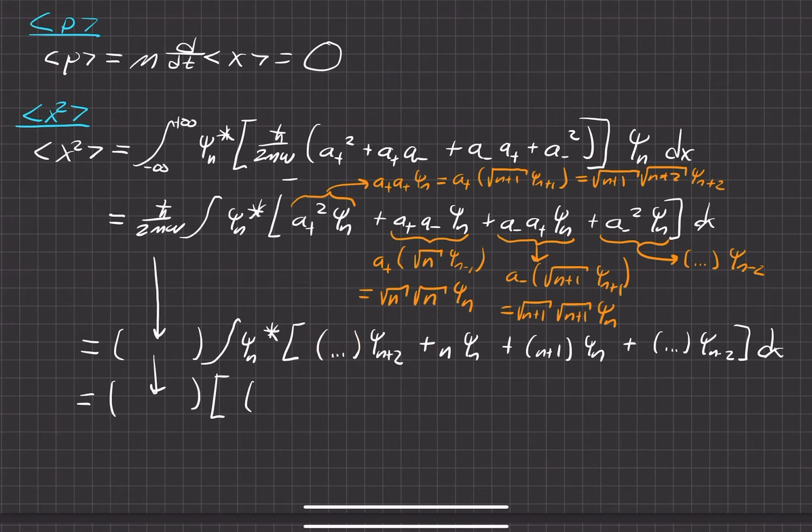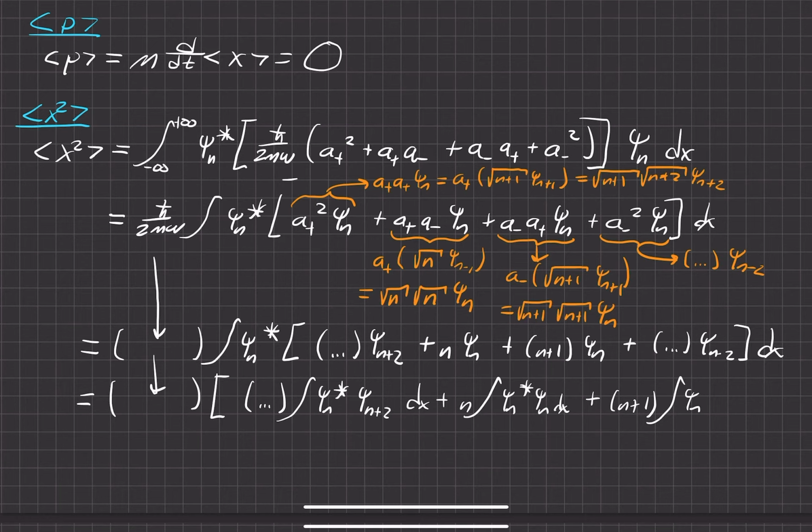So for the first one, we'll have those constants times a psi sub n state complex conjugate times a different state, overall space, and so forth. Let's just go ahead and do that now.